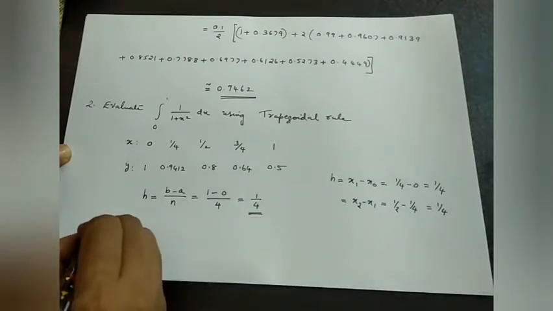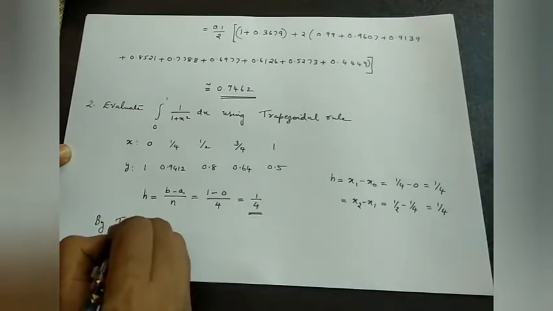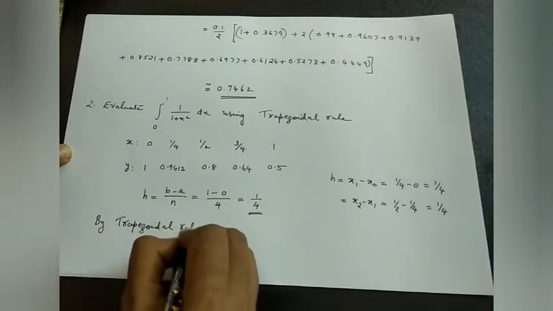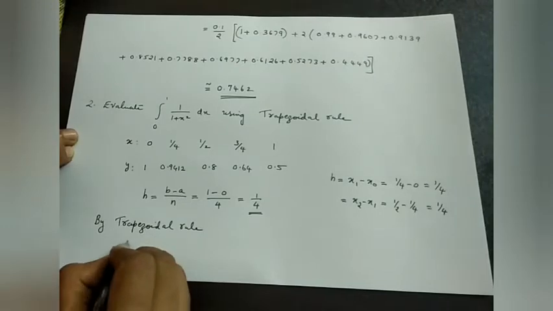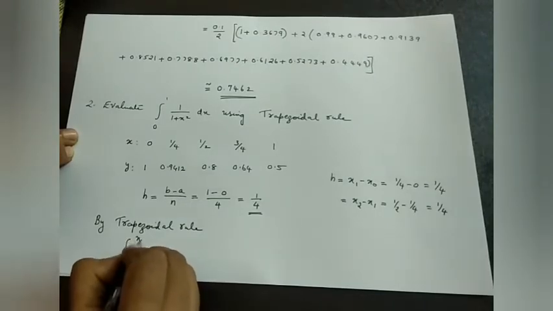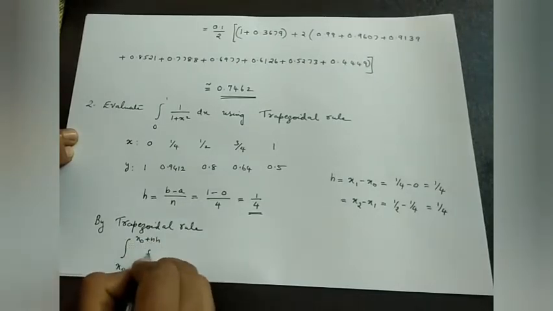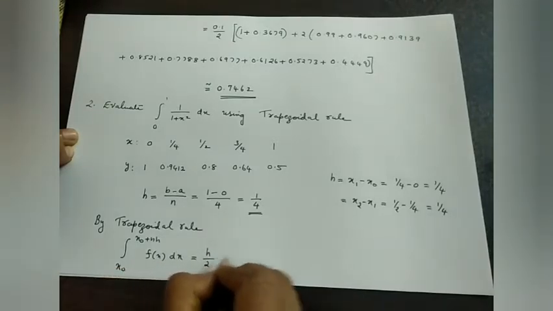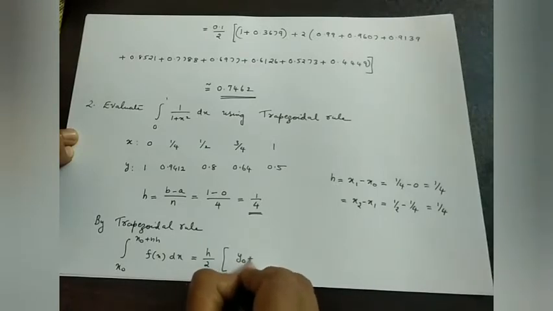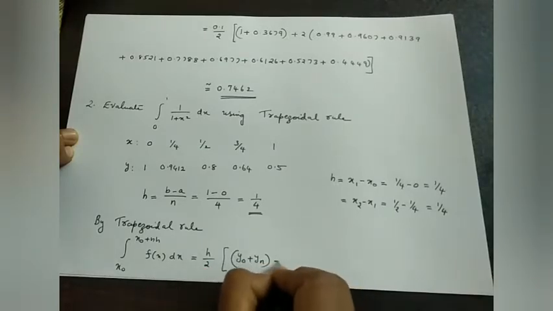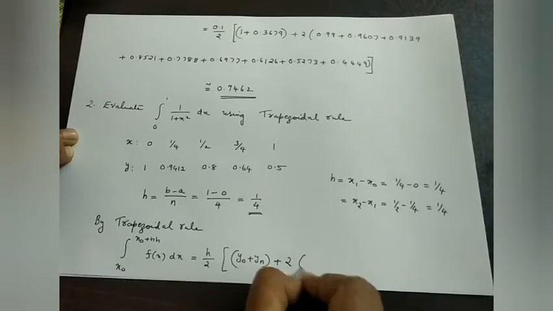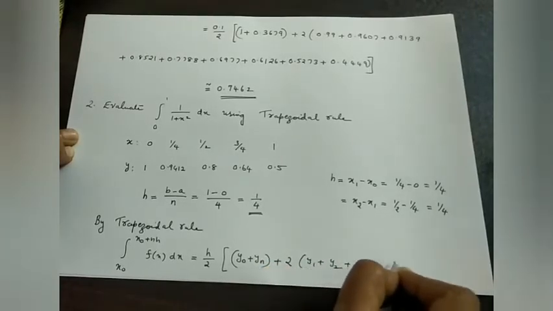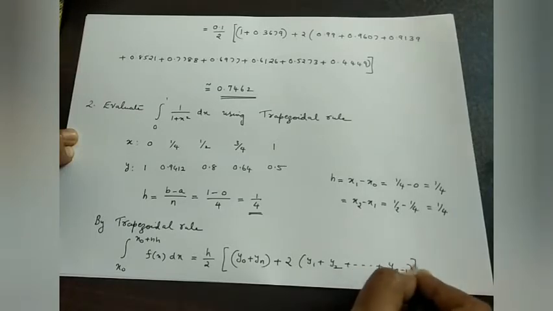Now by using the trapezoidal rule, we have the formula: integral from x0 to x0 plus nh of f of x dx is h by 2 into y0 plus yn plus 2 into y1 plus y2 plus etc. plus yn minus 1.